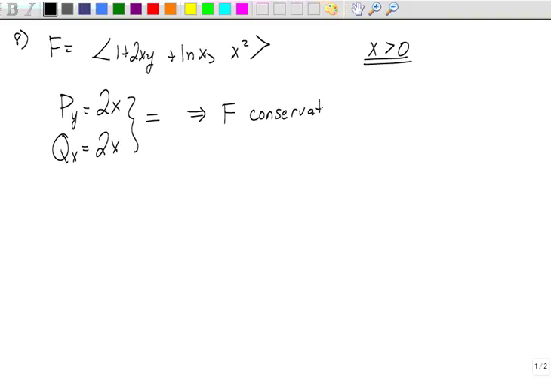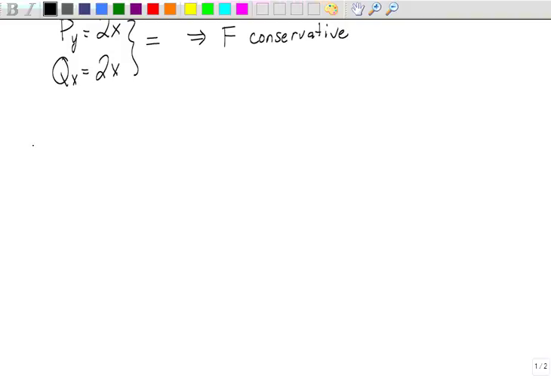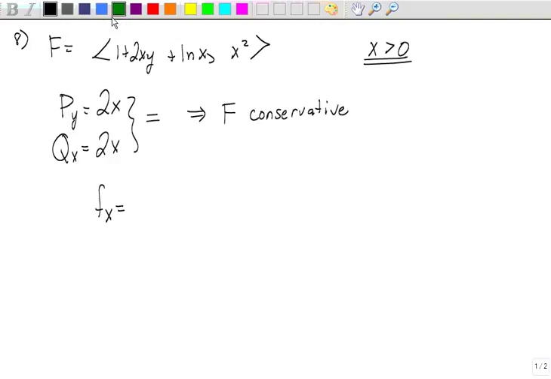So we have to find the function whose gradient vector goes with capital F. So f of x is going to be this first component. We integrate that with respect to x to get f.